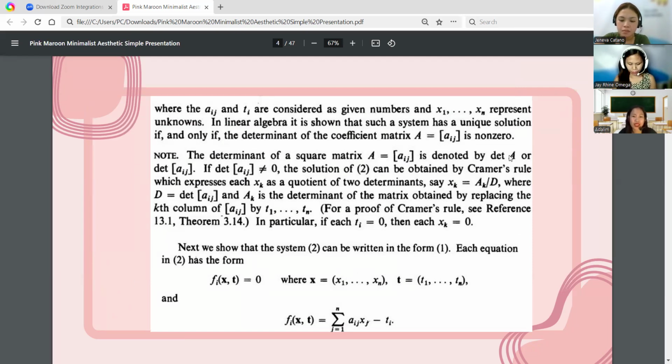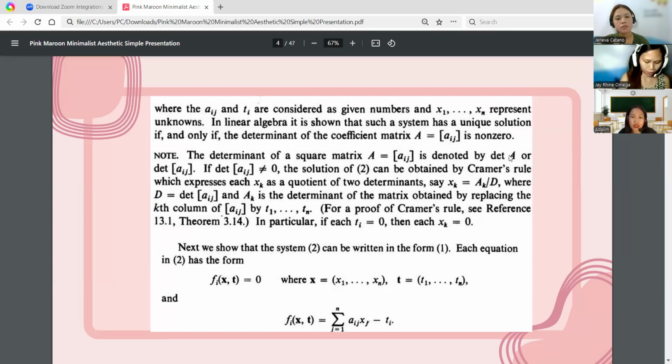In linear algebra, it is shown that such a system has a unique solution if and only if the determinant of the coefficient matrix A equals (a_ij) is nonzero.